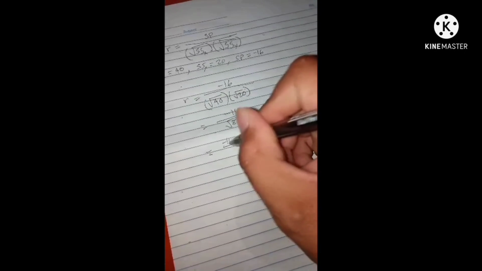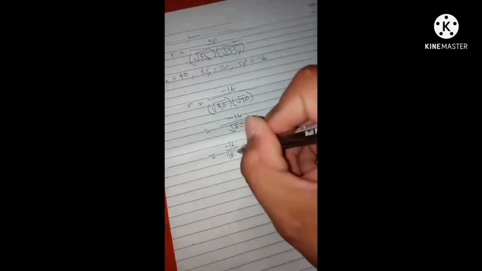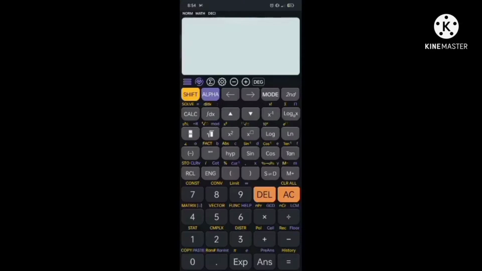So the square root of 800 is equivalent to 28.28. Now negative 16 divided by 28.28. We use the scientific calculator for faster computation.